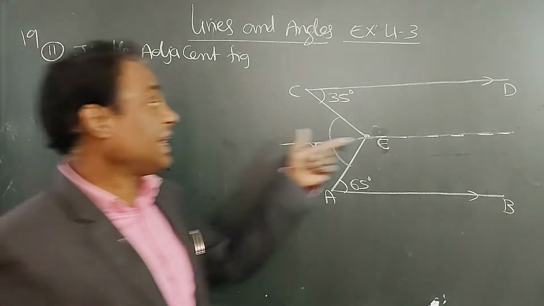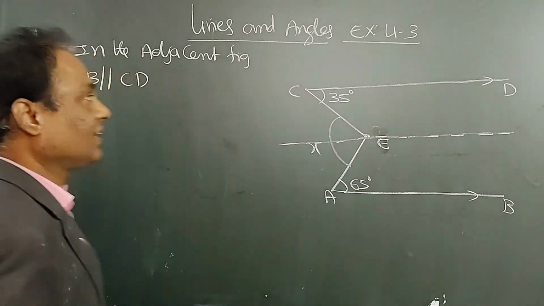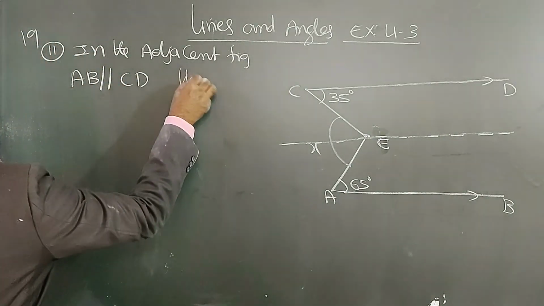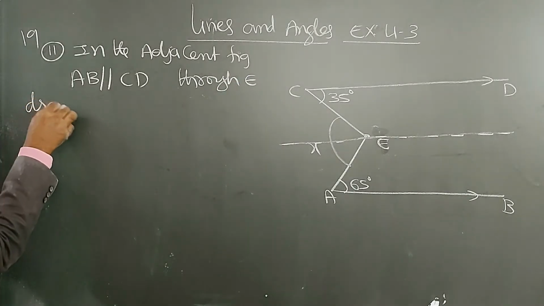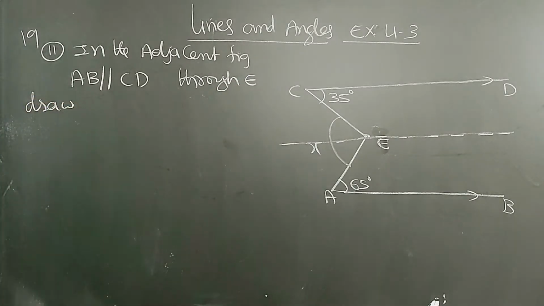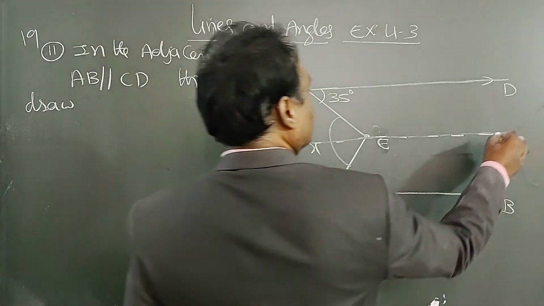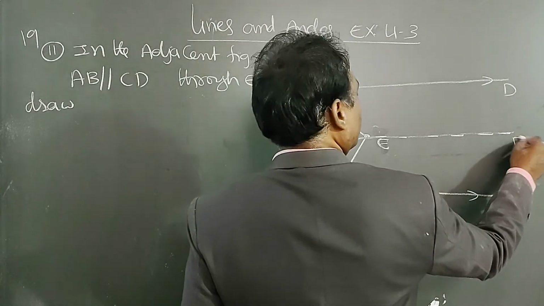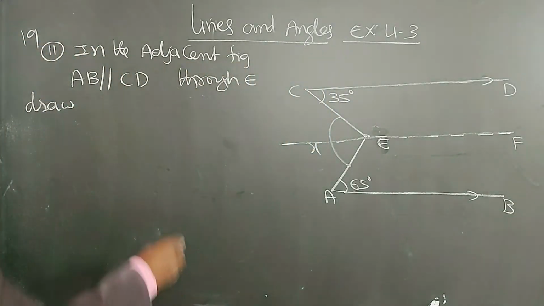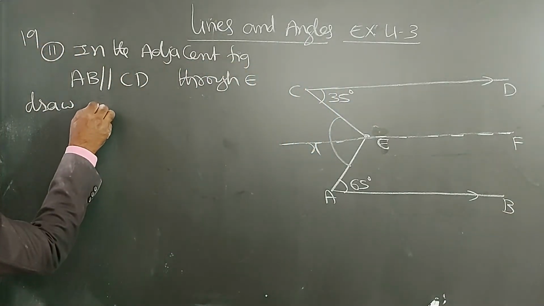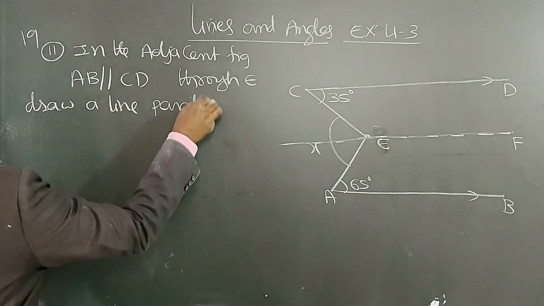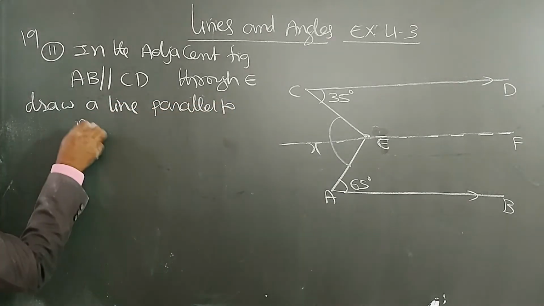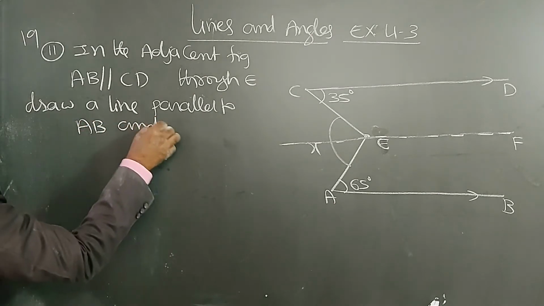Through E, draw a line parallel to AB and CD.